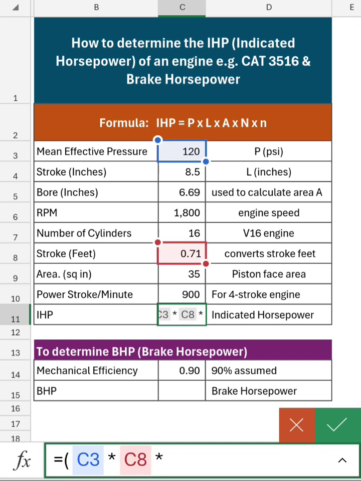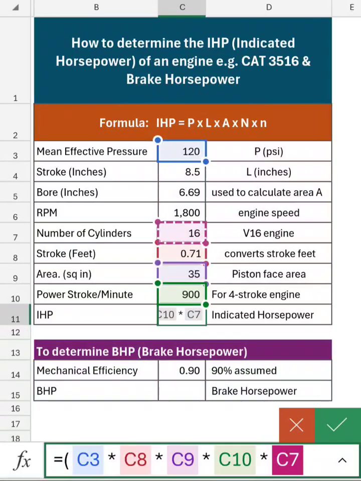Then multiply that by the area in square inches. Then again multiply that by the power strokes, 900 power strokes per minute. Then I'm going to multiply that by the number of cylinders, 16 cylinders.